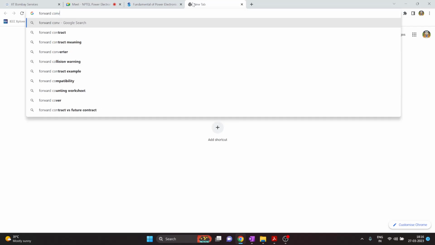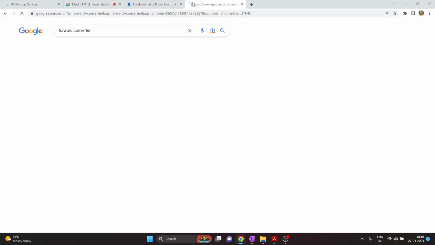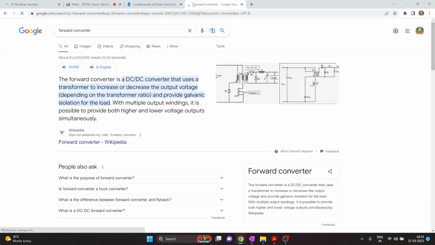Sir, can you please comment on the flux waveform in the core? One thing I drew here wrong, that's why it's coming like this.